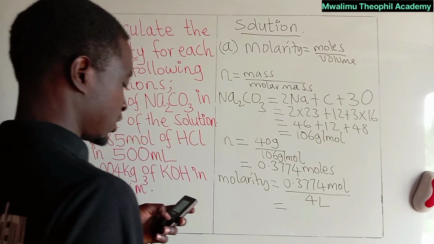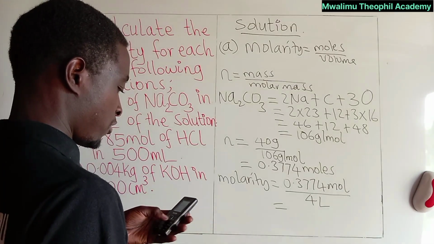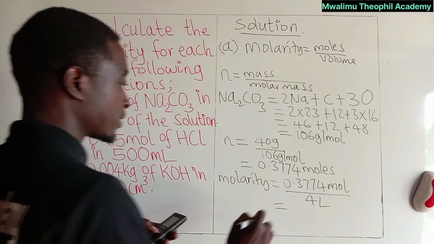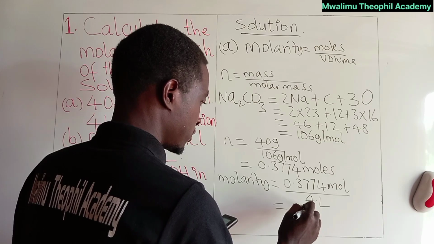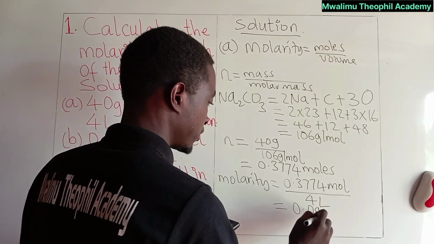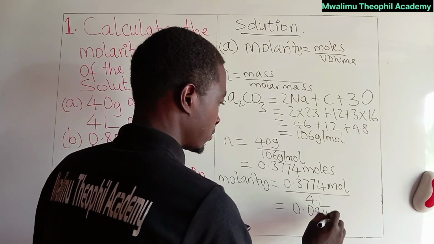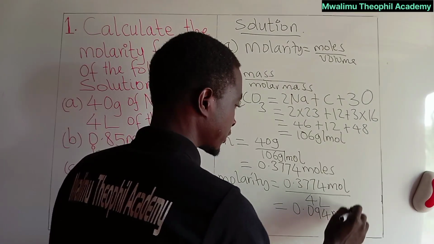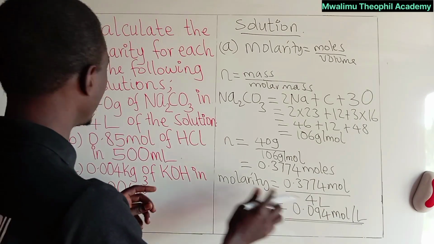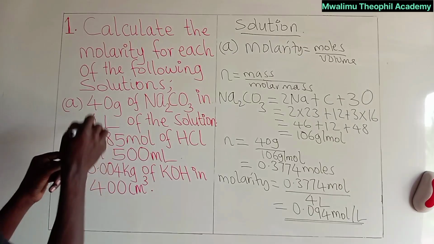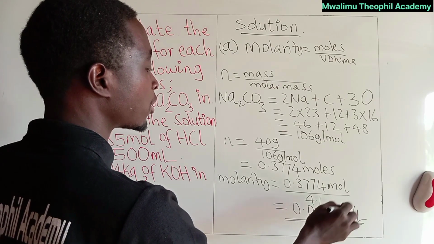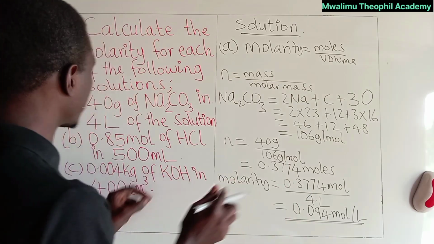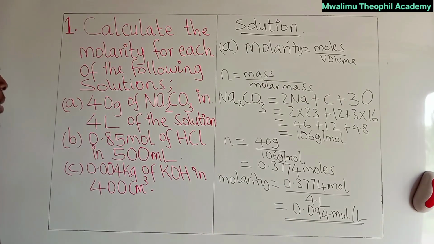When you divide that by 4, we get 0.094 mole per liter. So the molarity of 40 grams of sodium carbonate in 4 liters is 0.094 mole per liter.